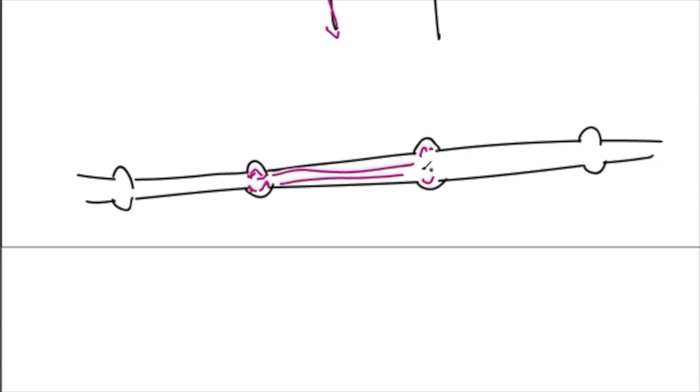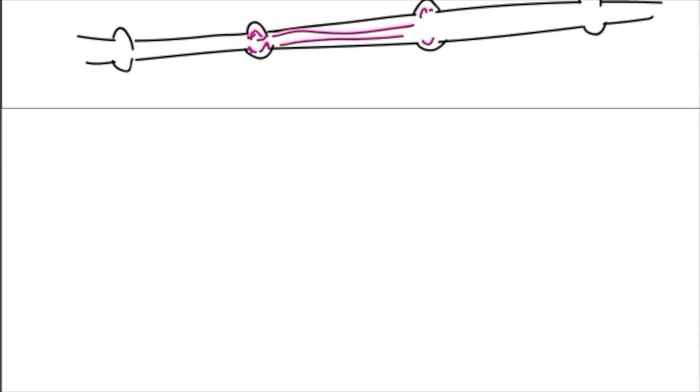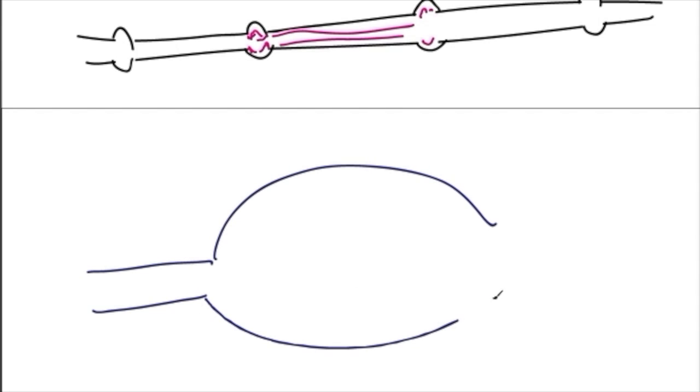Sort of. It's a horrible drawing, but that's a bubble. So if we zoom in on our bubble, I have a zoomed-in drawing right here. It looks like this, and they call this the origin of replication.